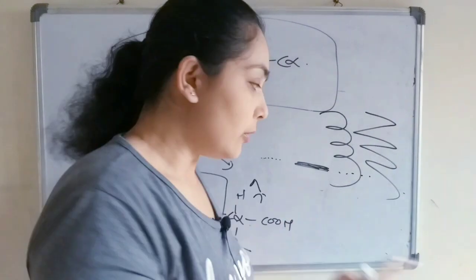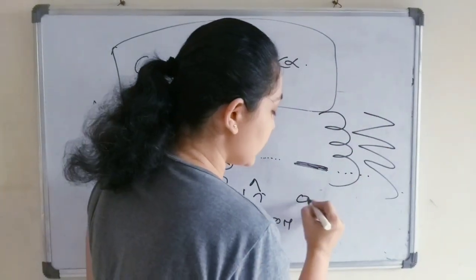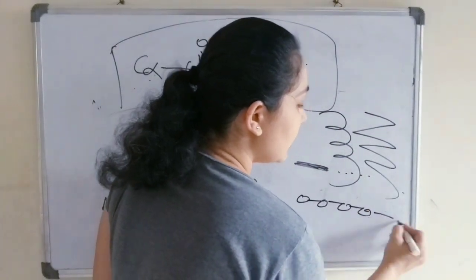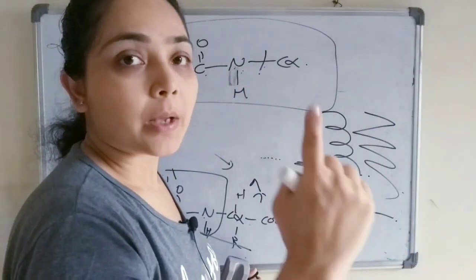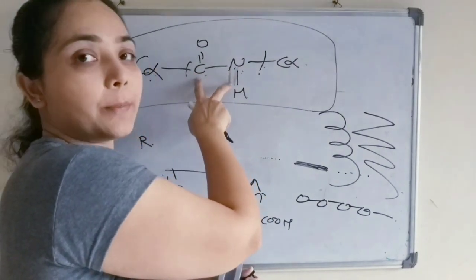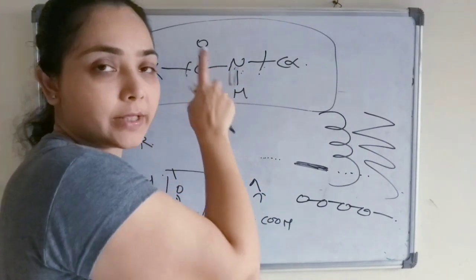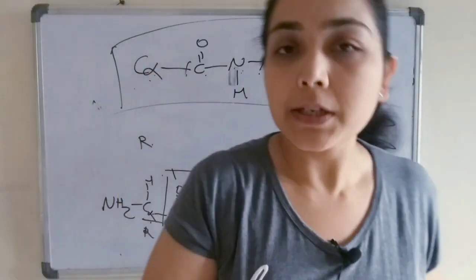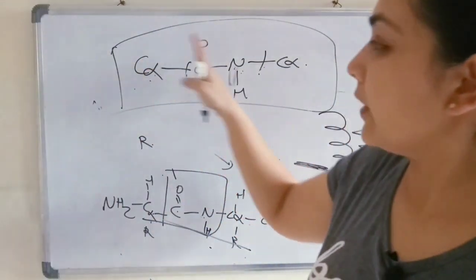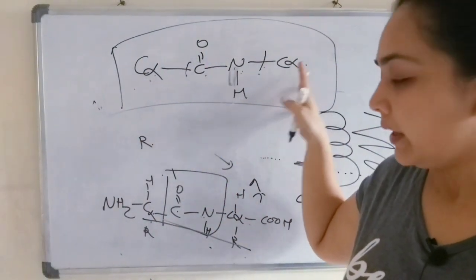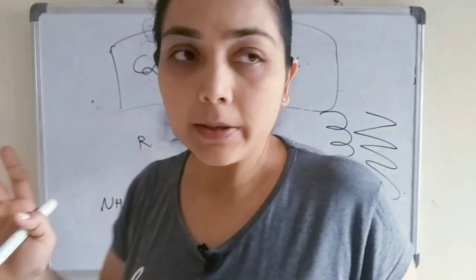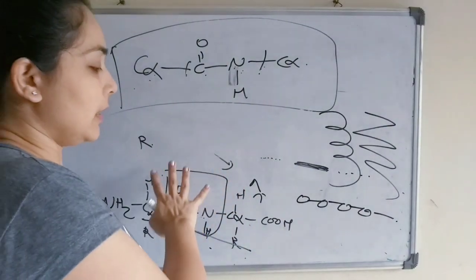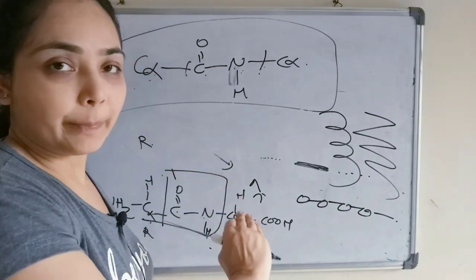So to make the secondary structure, this polypeptide chain has to do some kind of folding, but this folding is not possible at the peptide bond because it is rigid, because of the partial double bond character. Folding will take place here. Okay, and this is a covalent bond. So this is all about the basics of peptide bond.